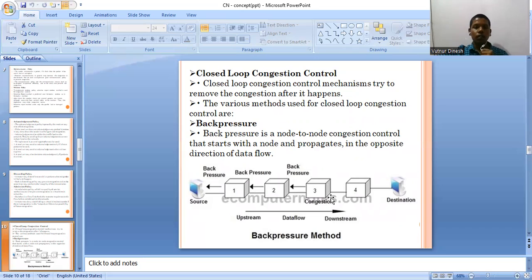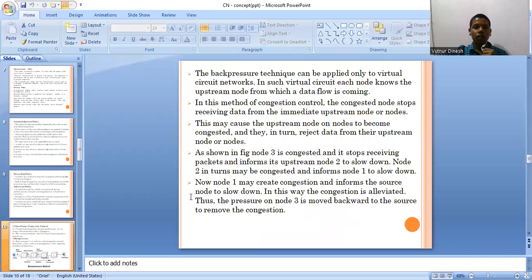In this figure, we can see that at node 3, congestion has occurred and it tells node 2 that congestion has occurred, so please slow the data, and node 2 informs node 1, and node 1 informs the source to slowly send the data.